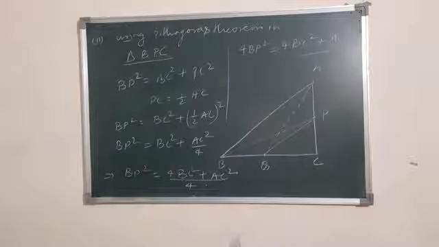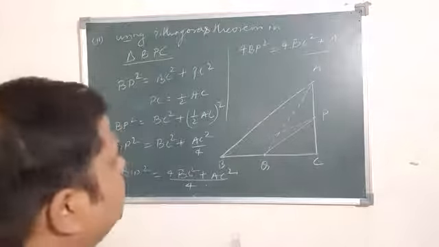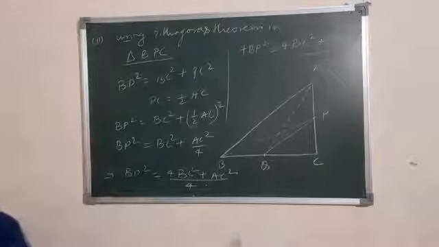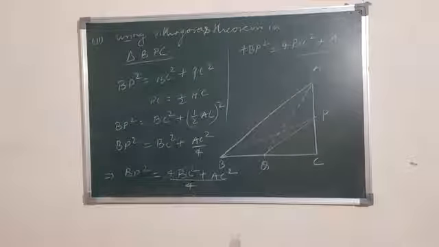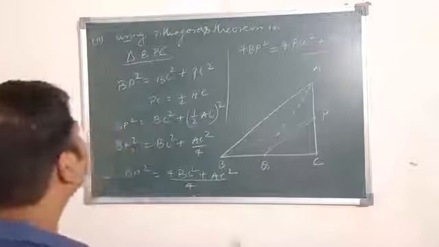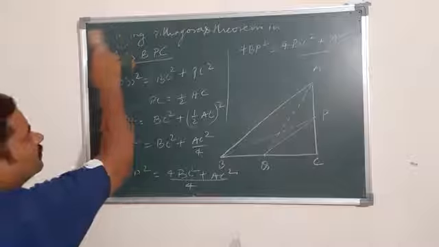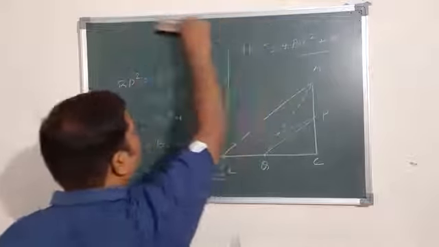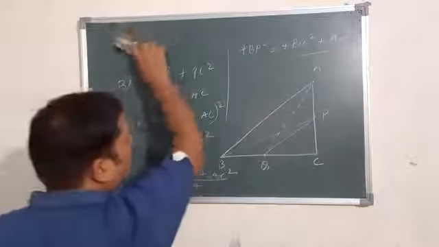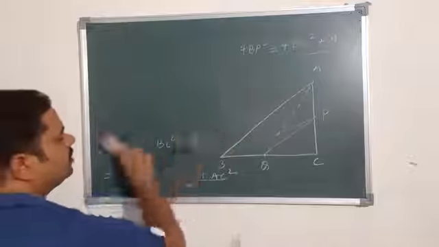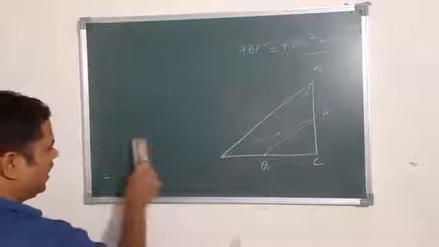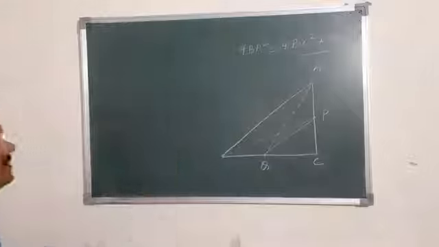Now for solving result number 3, first of all you note it down. Okay, maybe you completed it. So next one, result number 3. For result number 3, we write result 1 and 2 and then add both of them to get the result.